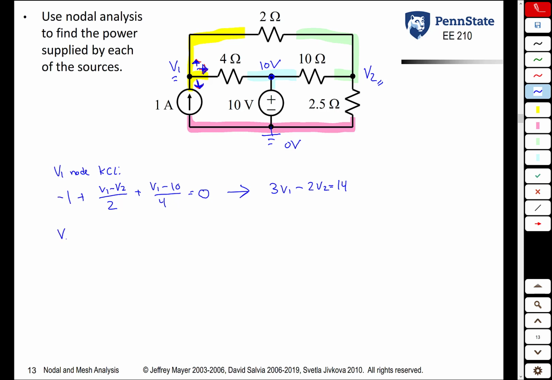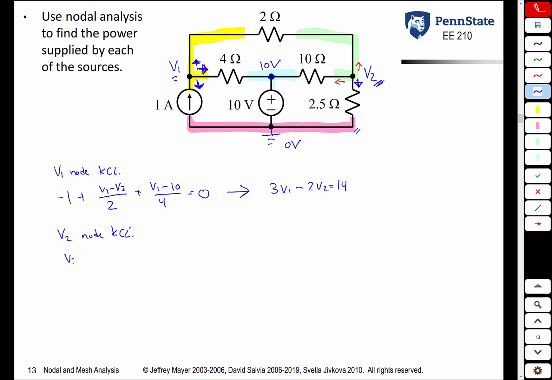We do the same thing for the V2 node. That current plus that current plus that current is equal to 0. Current going down, current through the resistor is the voltage at the coming from point, V2, minus the voltage at the going to point, in this case ground, divided by the resistance.